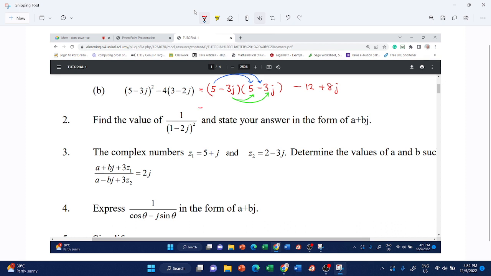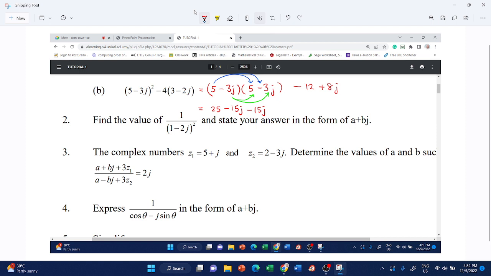When we multiply between these two brackets, negative 3j times negative 3j, we have 9j power 2, right?